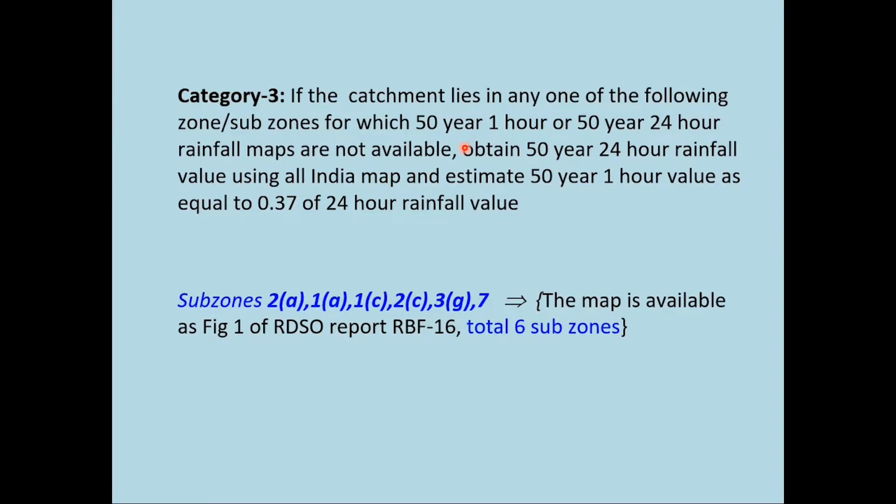For those zones, you have to use the All India figure, the first figure which I have shown you, where the 24-hour rainfall can be found out. That value has to be multiplied by 0.37 to arrive at the 1-hour rainfall value.